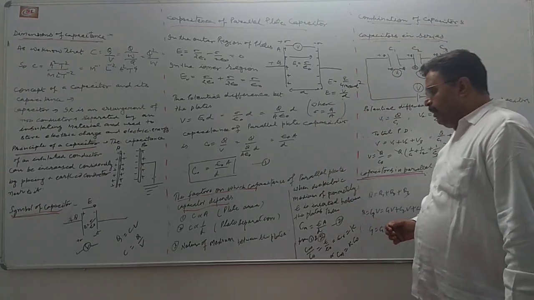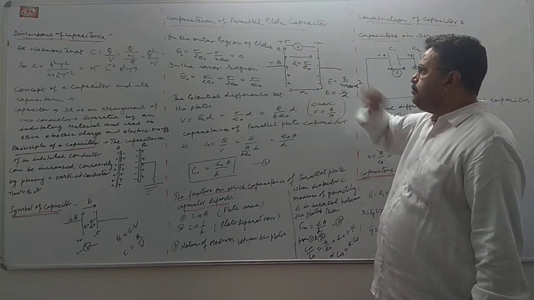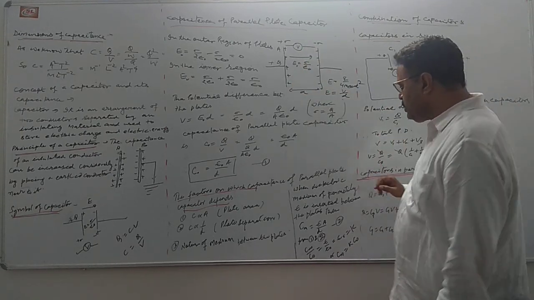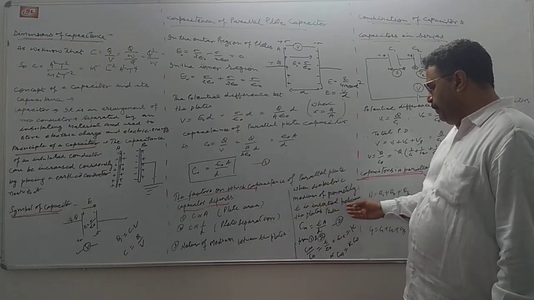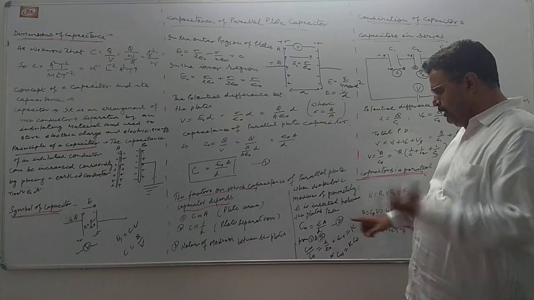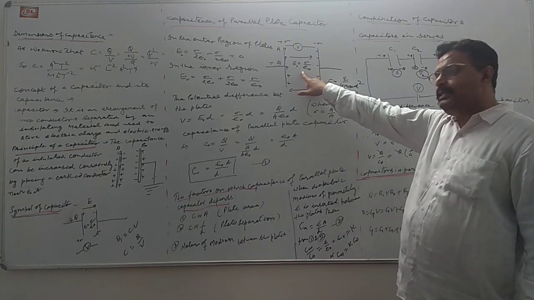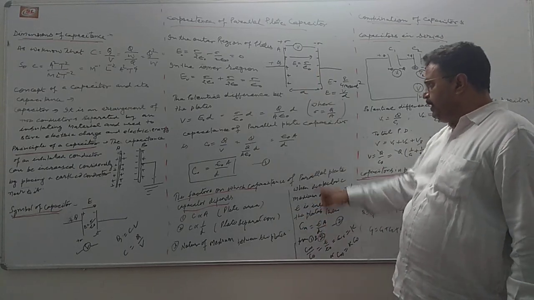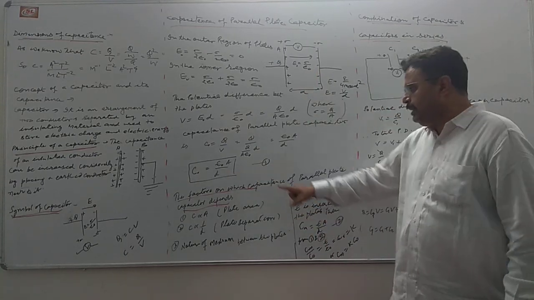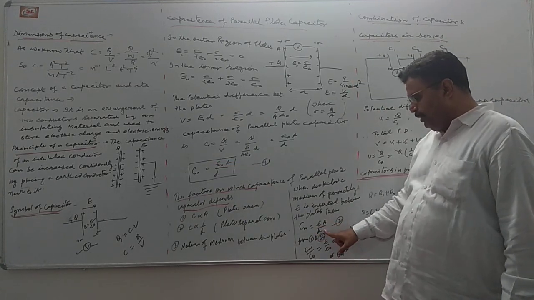Now, how does the capacitance depend on the nature of the medium between these two plates? You can see here, when a dielectric medium of permittivity epsilon is inserted between the two plates, instead of epsilon naught you take epsilon, so C m equal to epsilon A upon d.